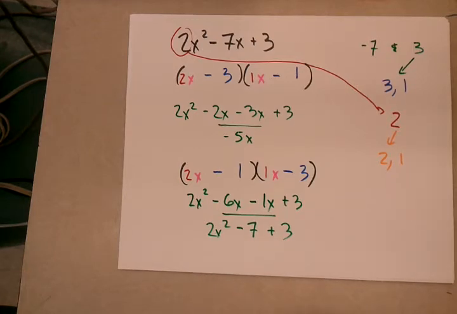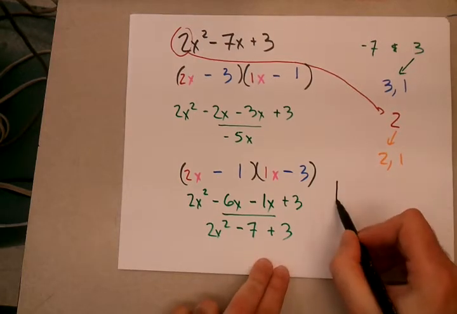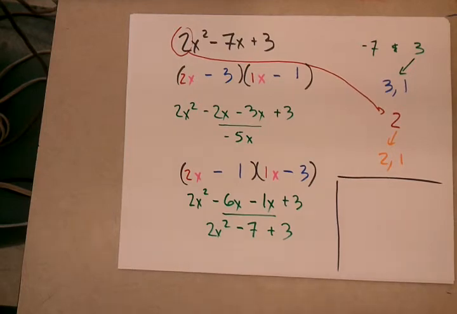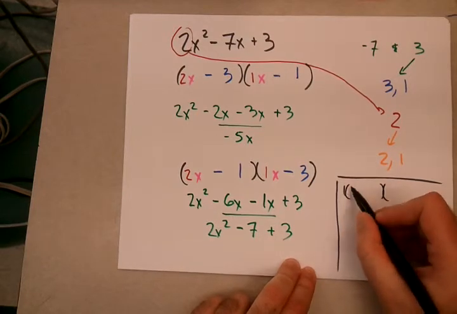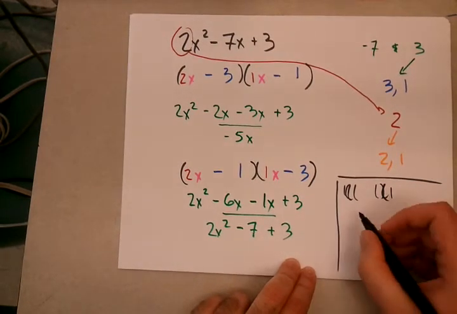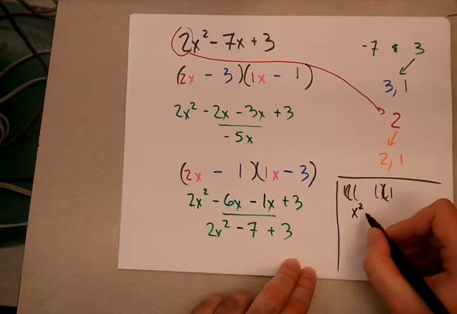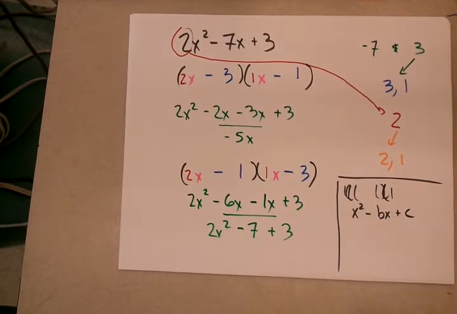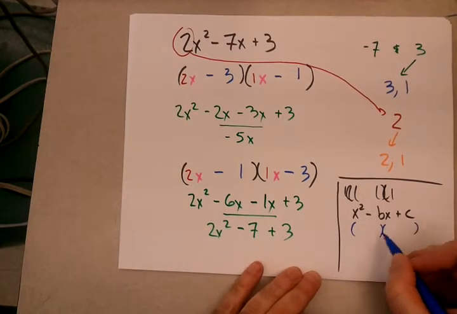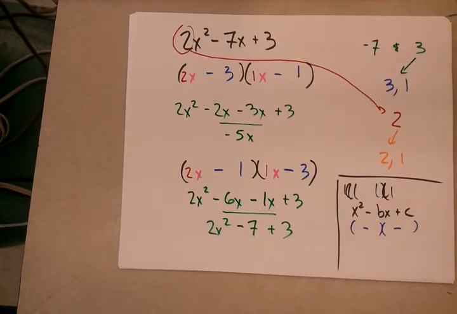Let me write you a quick little key here. If the original trinomial is, let's say, x squared minus bx plus c, then in your new factored form, the signs have to be negative, negative.